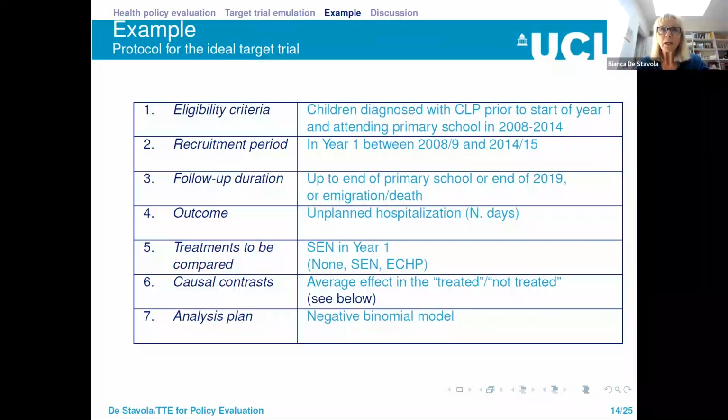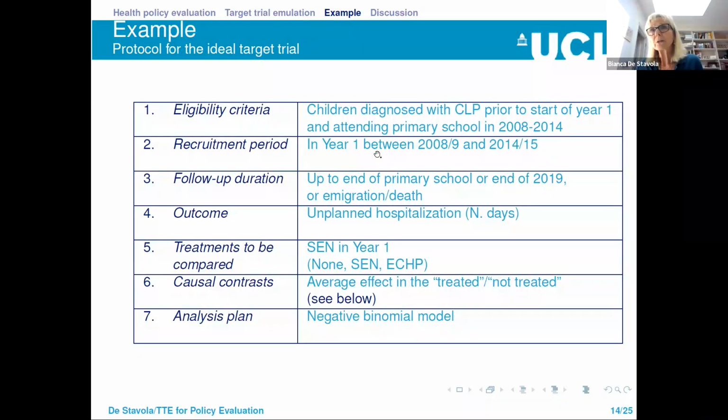We are trying to imagine, if I wanted to answer that question, ideally with a lot of money and no ethical issues, I would like to include all children with a diagnosis of cleft lip and palate before they start primary school. That's when SEN provision starts. And I consider a particular period of time when these children attend primary school.